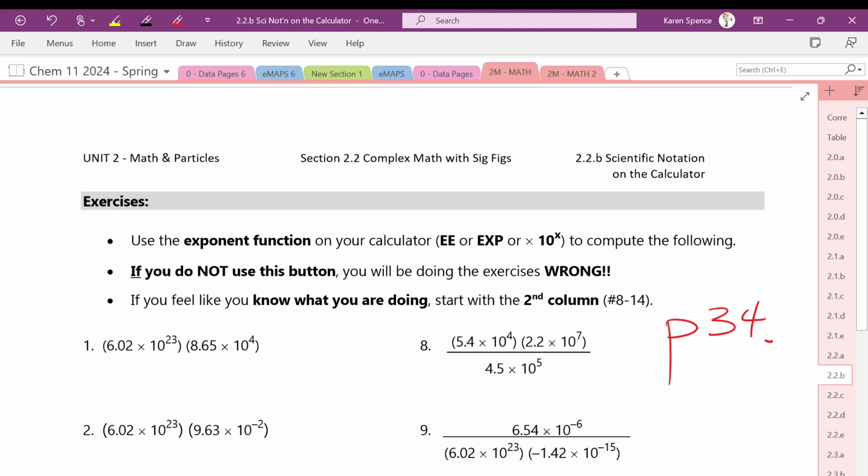Okay, now if you get a number like that, and you're like, oh, I can't see the rest of it, you are lucky because your calculator does that whole thing up there. Oh, yes. I never knew that.